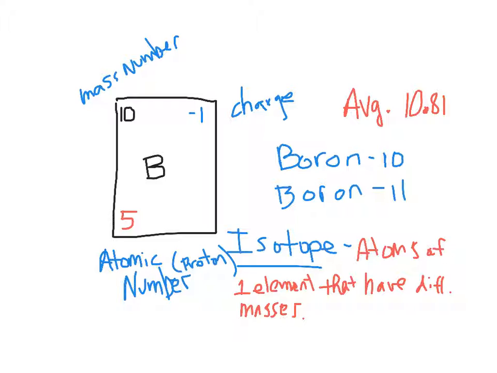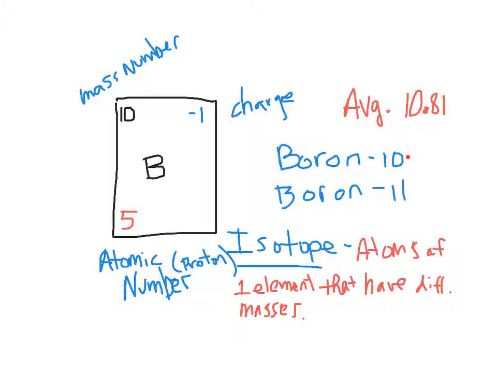But I just told you there's two kinds of boron. There's boron 10 and there's boron 11. But the average is 10.81. And so the question is, how on earth do you have 10s and 11s and have an average of 10.81? How can that be the average if all you have is 10s and 11s?